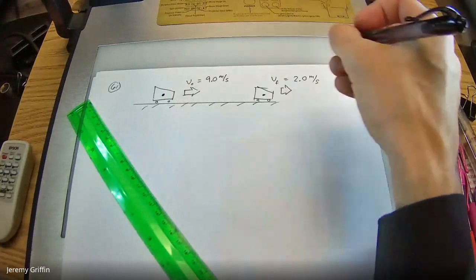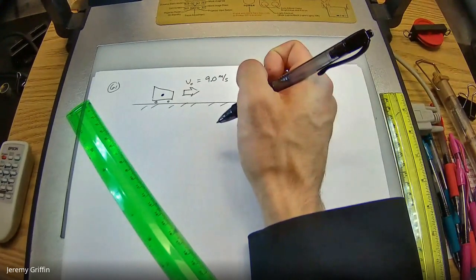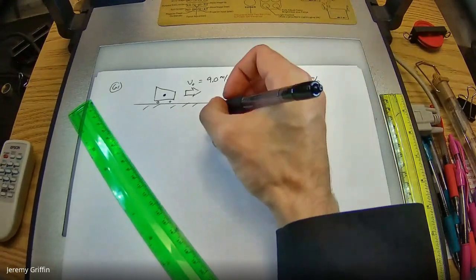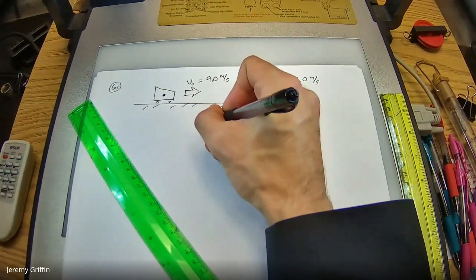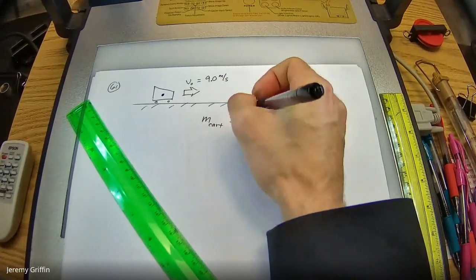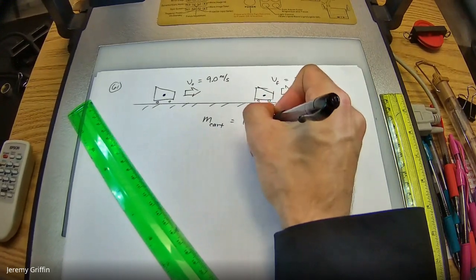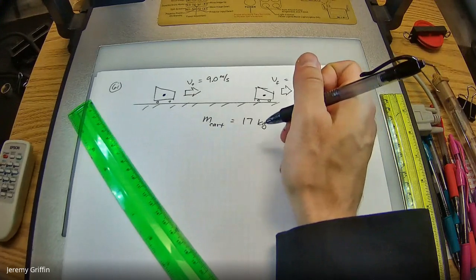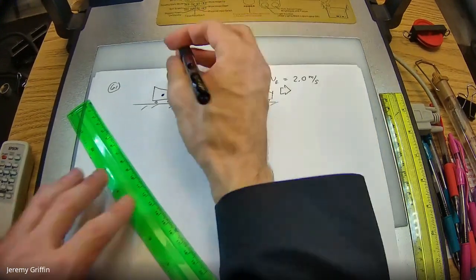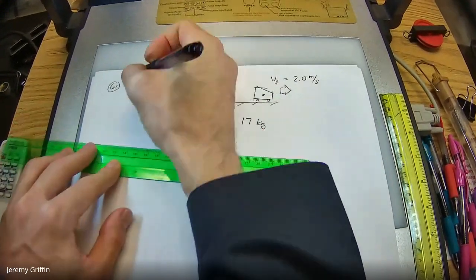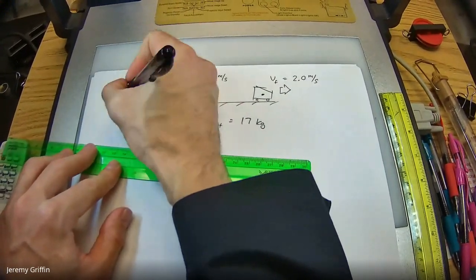They told you the mass of the cart. Put that. Maybe down here. Mass of the cart is, I'm going to say 17 kilograms. Okay. And I'll have a friction force, or just some kind of backwards force.